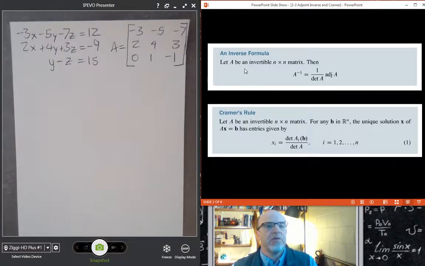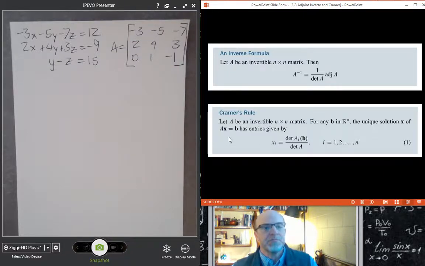There is another formula for the inverse of a matrix, and you can see here that inverse is 1 divided by the determinant, and then this is new for today. This is what's called the adjoint, ADJOINT, and you saw it in the title just on the previous slide. So we'll be using this equation today to calculate inverses of matrices.